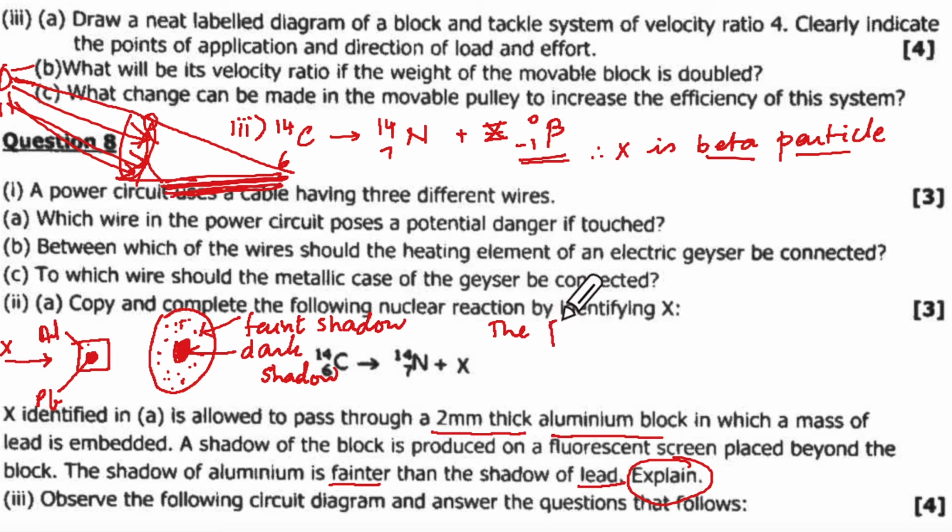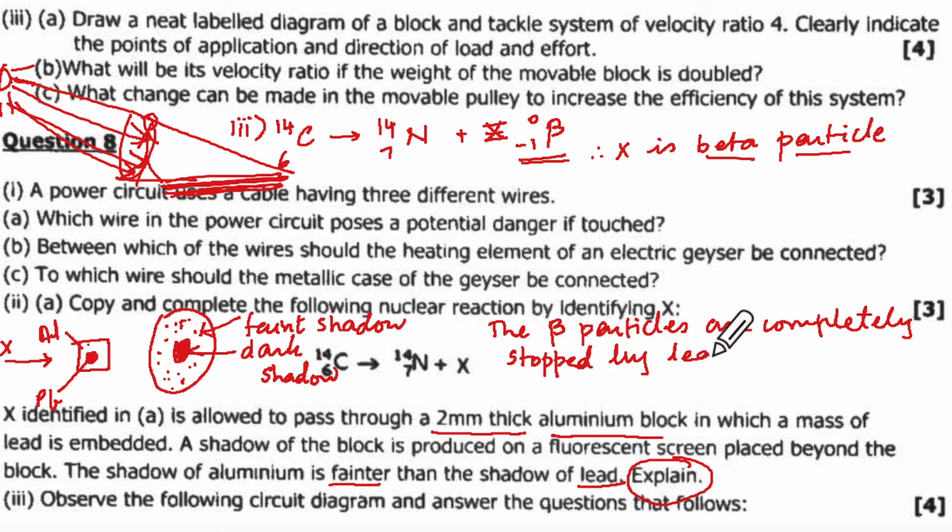The beta particles are completely stopped by lead mass, forming dark shadow.